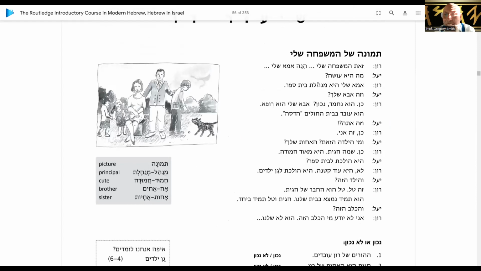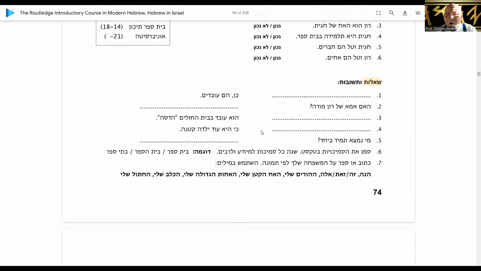I think there was a question here where it was asked whether or not Ron's parents were working. And I think, hu oved b'bayit, hahorim b'sadeh. Let's see here. What we're going to put in there is the question, are your parents working, or what are your parents doing?